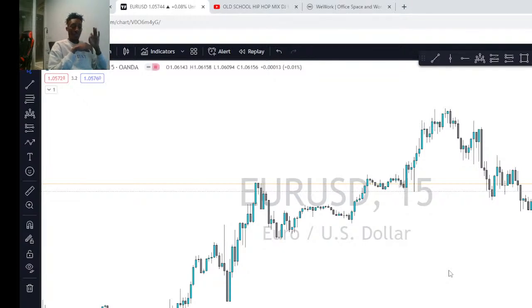They are the major pairs. So whenever the market is having volume, they are the pairs that you can see moving, creating long movements. You understand? They are different from exotic pairs.